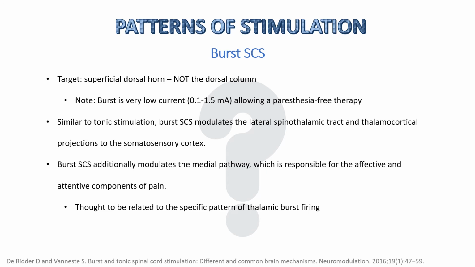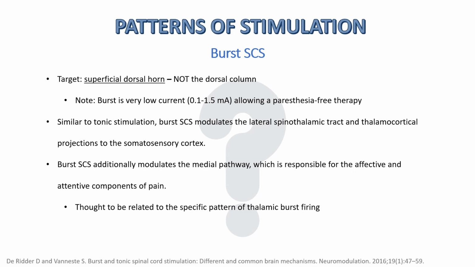Burst spinal cord stimulation is also thought to target the superficial dorsal horn rather than the dorsal column. Burst consists of a very low current, around 0.1 to 1.5 milliamps, allowing for a paresthesia-free therapy as well.